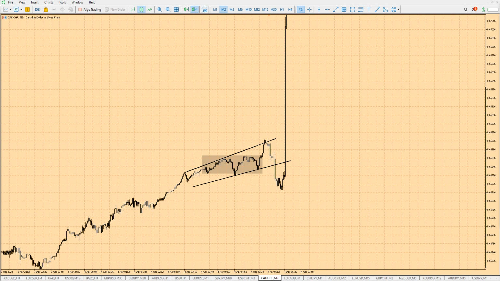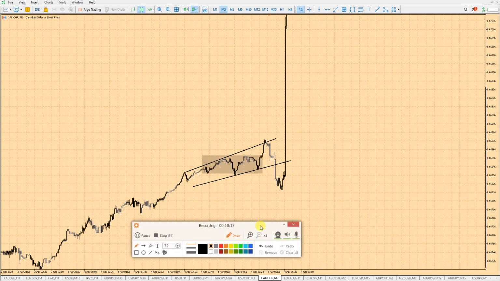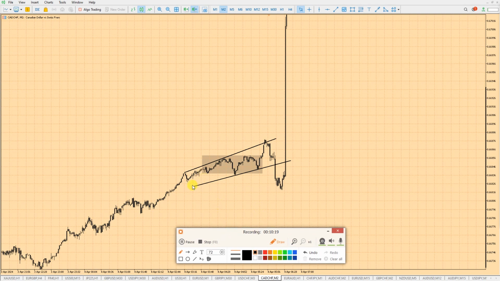Here, this is what I have. If I were to analyze this one on CAD CHF, this is what I had: this dynamic accumulation, a breakout to the downside like this, then a spike upwards like this.